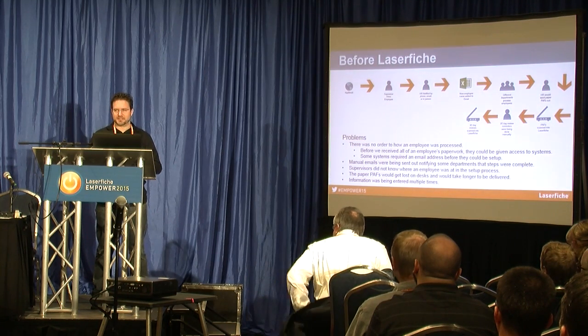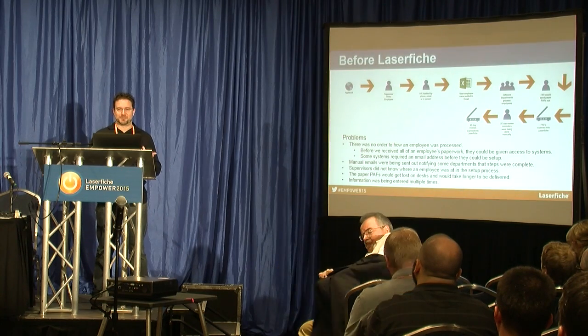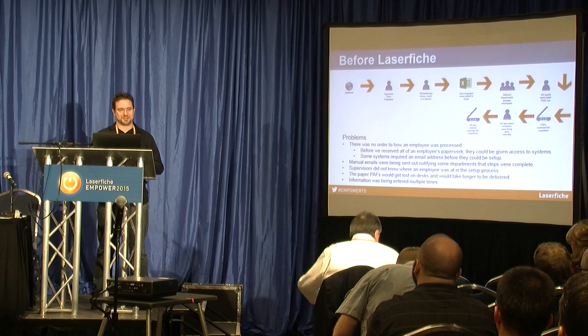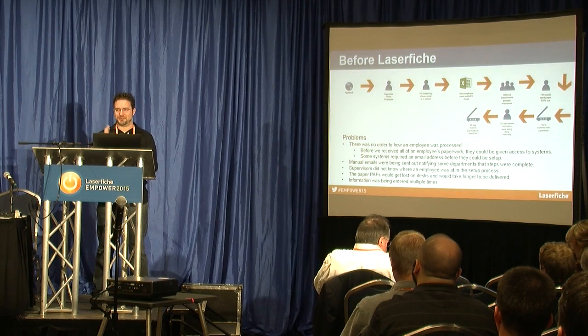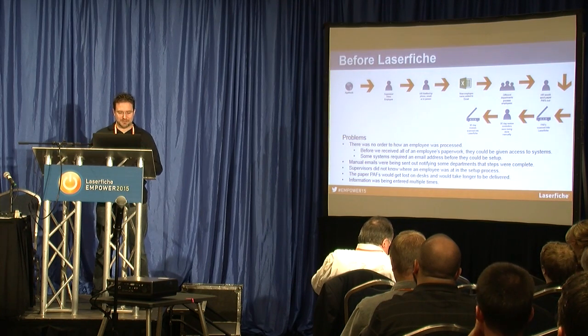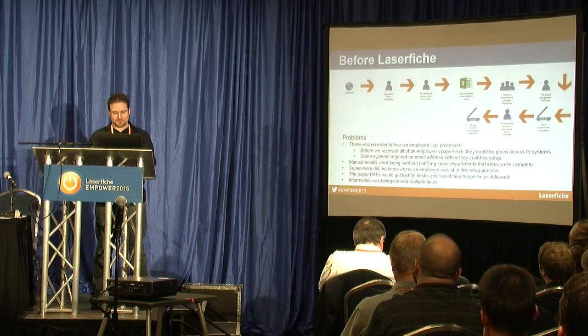It causes some issues because some things need to be done before others. With the spreadsheet, anyone could do whatever they wanted after it was added. There was no regulation of what order things were done in. So we discovered that was an issue as well. After that, the different departments process the employee.